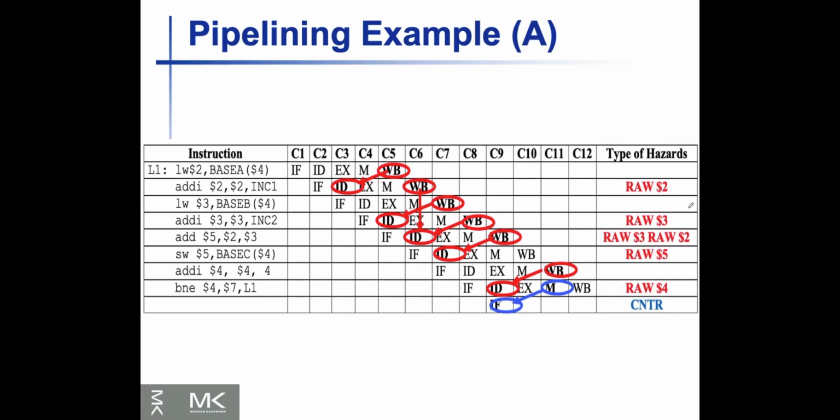It was for $2, $3, and then you have to put an arrow that, okay, if you run this pipeline, you might have to wait up to the write back of $2, because you want to decode it later.